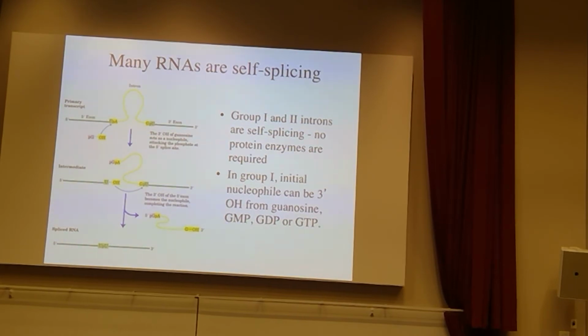Okay, so the attack by the 3' hydroxyl is the typical process that occurs, okay? So this seems completely normal. And it's being carried out by an exogenous nucleotide that's bound in at this intron.